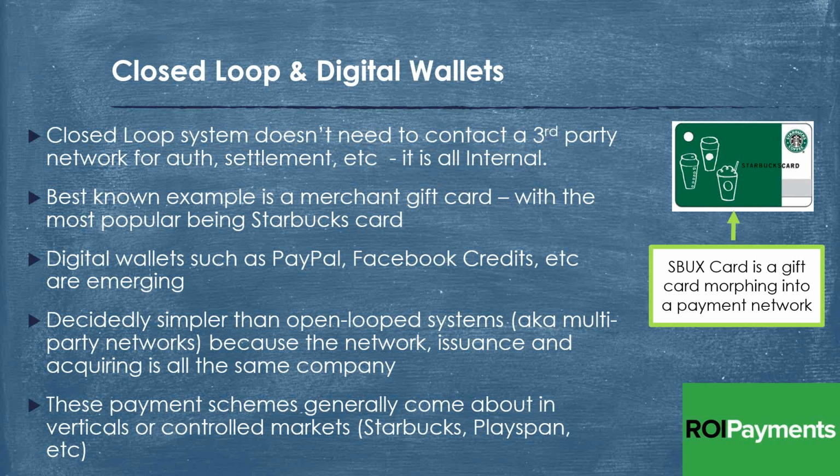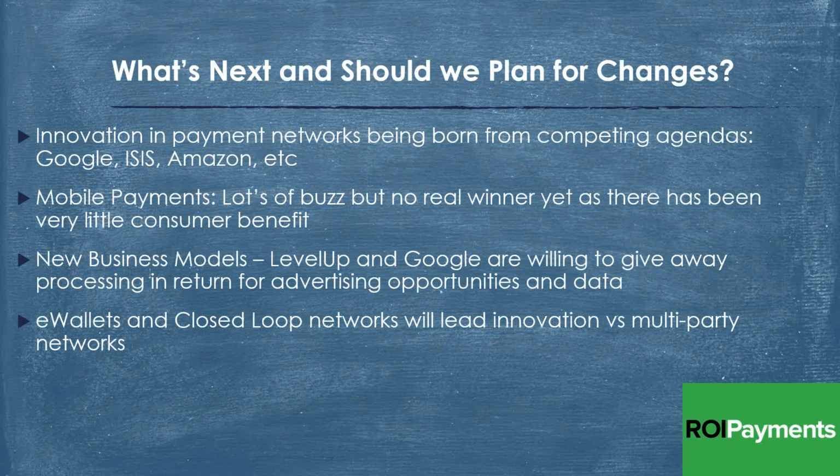So let's go on to what we feel is changing in the marketplace. In regards to the digital wallets and how a three-party system may be able to be more innovative than a four-party system, changes are happening relatively dramatically in the payments world.